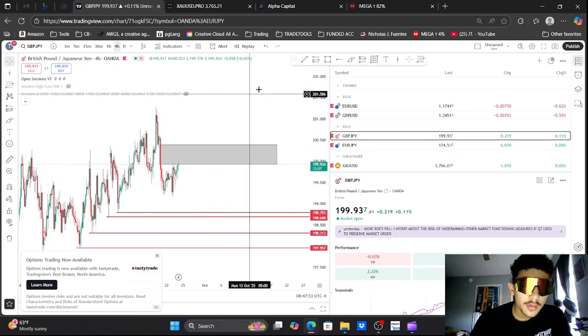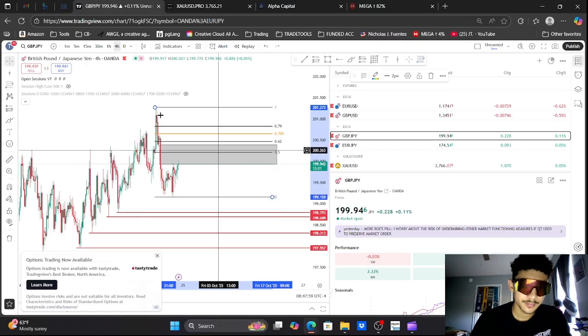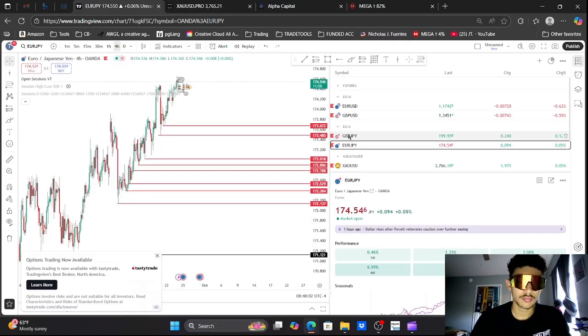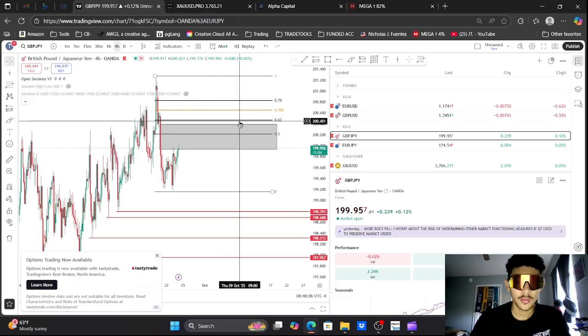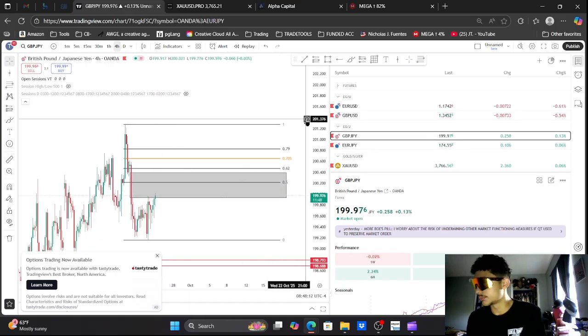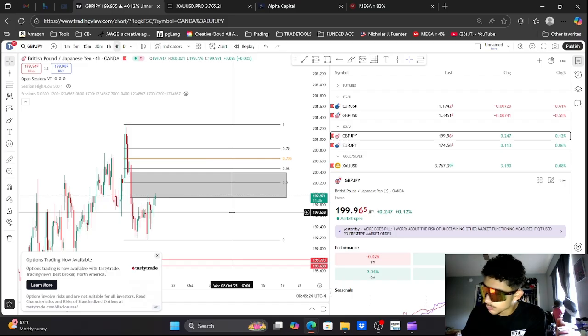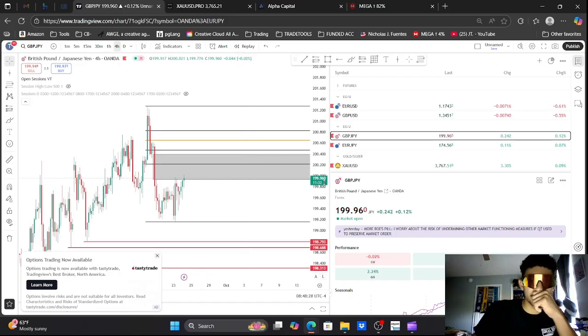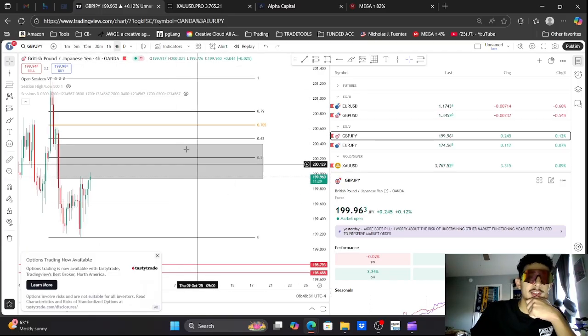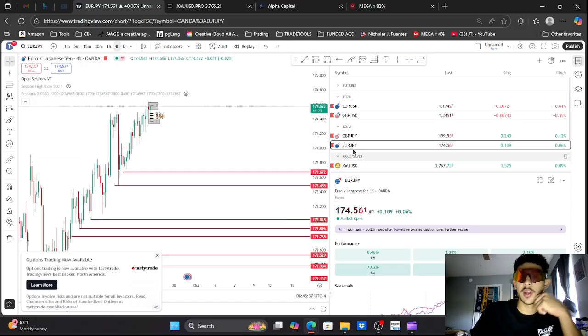So I believe huge leg down. Yeah, I believe price wants to come up into this area, so that's what we're doing today. Retracement play into that area. I don't think we're going to be trading EJ.